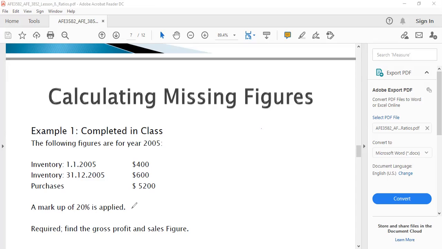How do we find gross profit? It's sales less cost of sales, then you get gross profit. So to calculate your sales, it's your cost of sales, the cost you incurred, then you add your gross profit. That's when you get your selling price. That's how you get your sales. Do you understand?